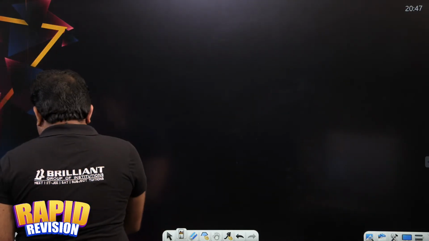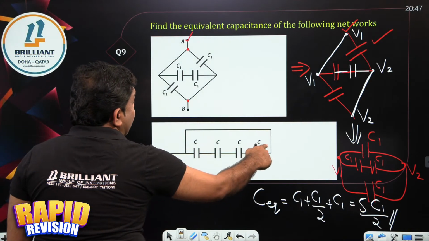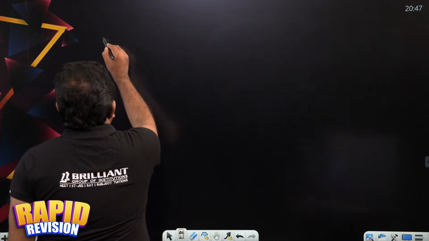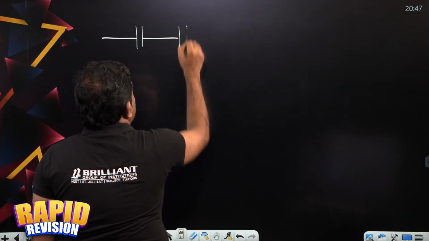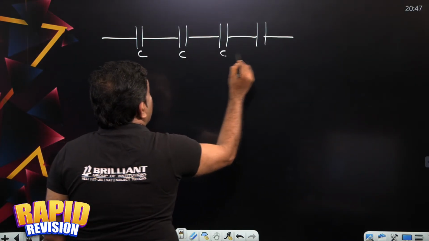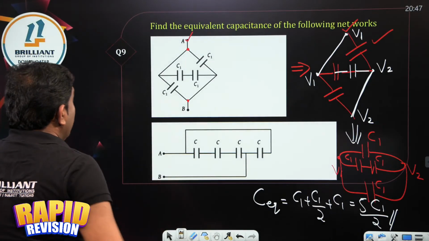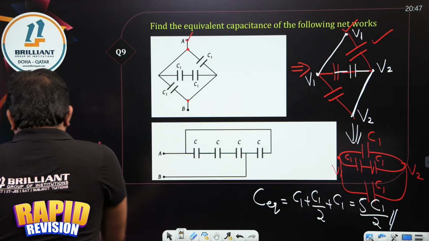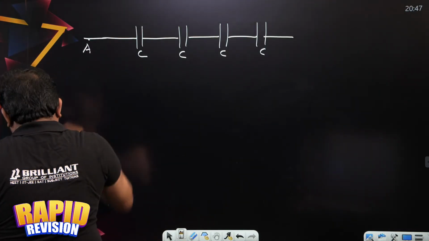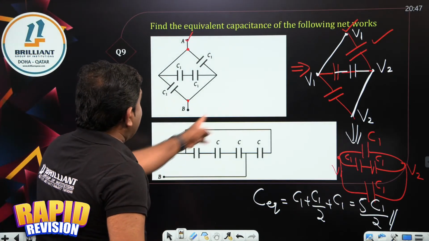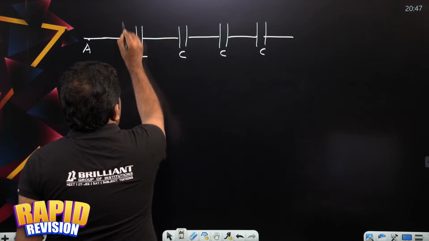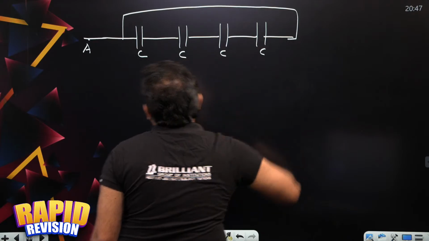Look, we have 4 capacitors, each with capacitance C. The point A is here, the starting point A, and then there is a connecting wire from the first to the last.